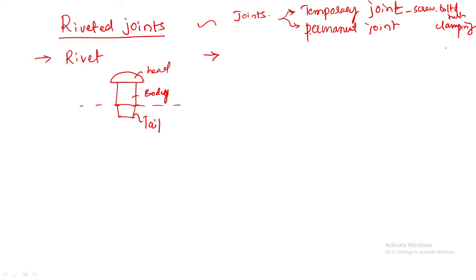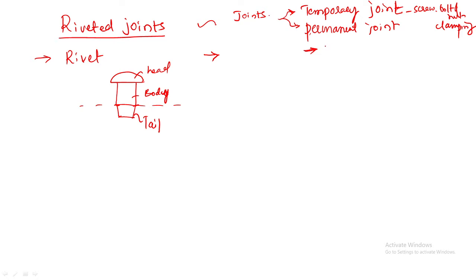A permanent joint is one where you can't easily disassemble or dismantle. A permanent joint is made by some process where it cannot be detached.